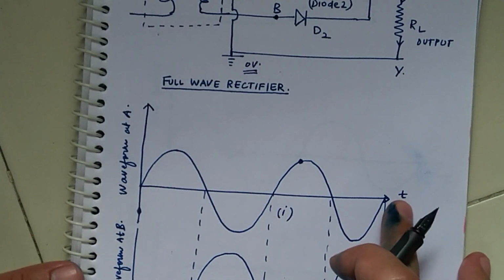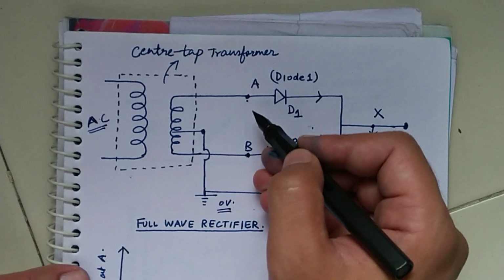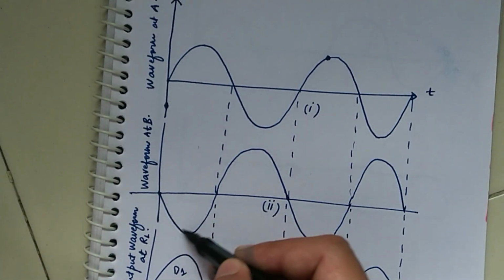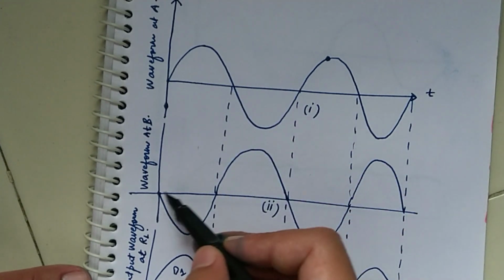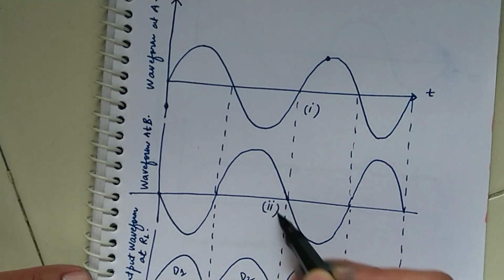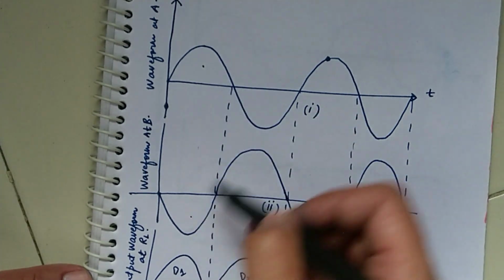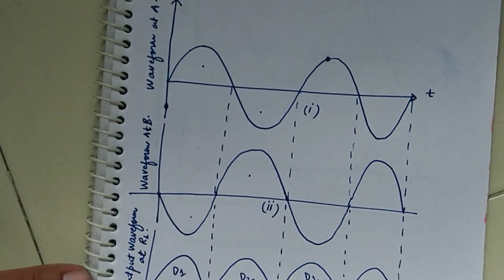Now the waveform at B. When the waveform at A is positive, because it's an AC, the waveform at B is going to be just the opposite of what it is at point A. So where this curve is positive it will be negative, where it is negative it will be positive, and so on alternately.